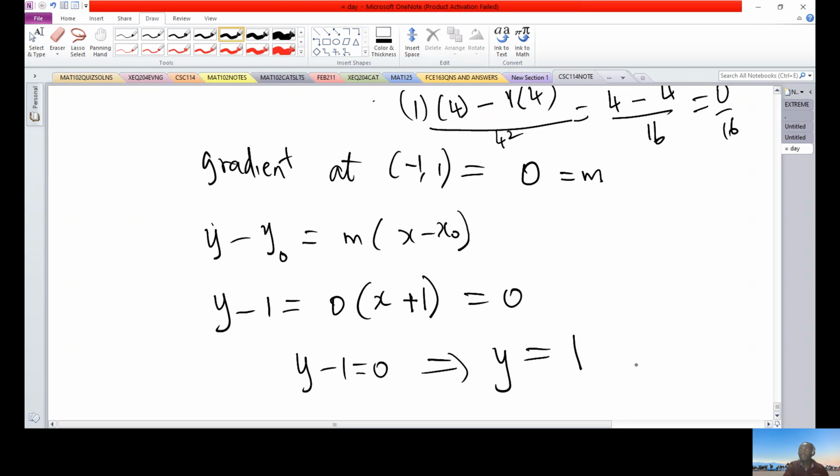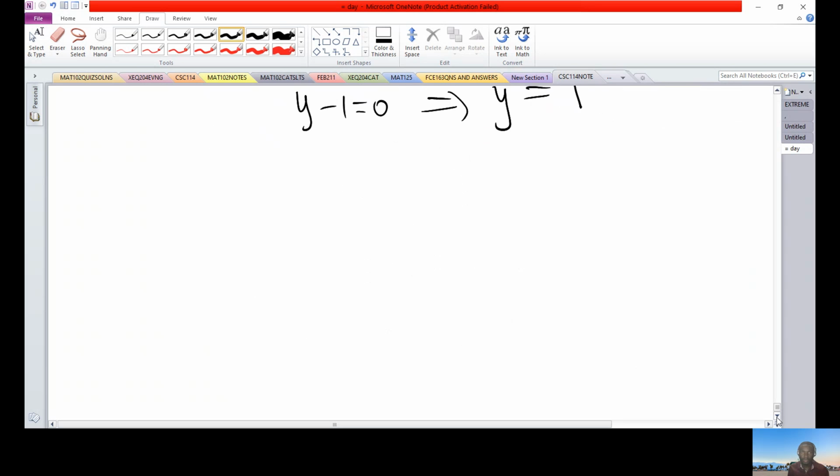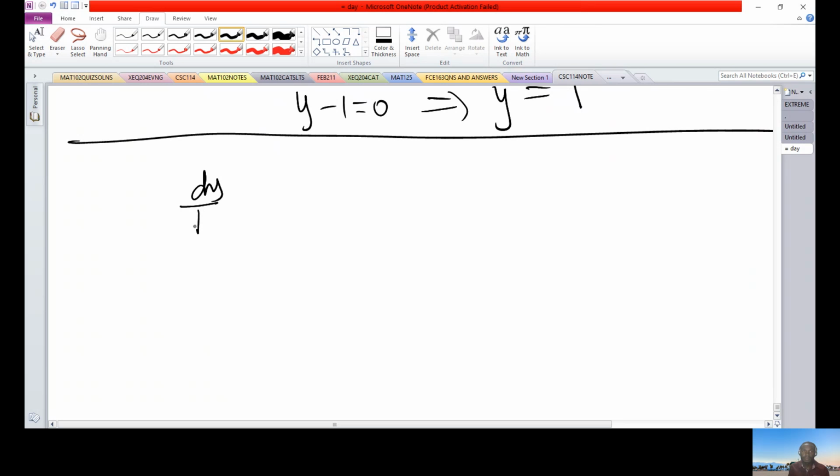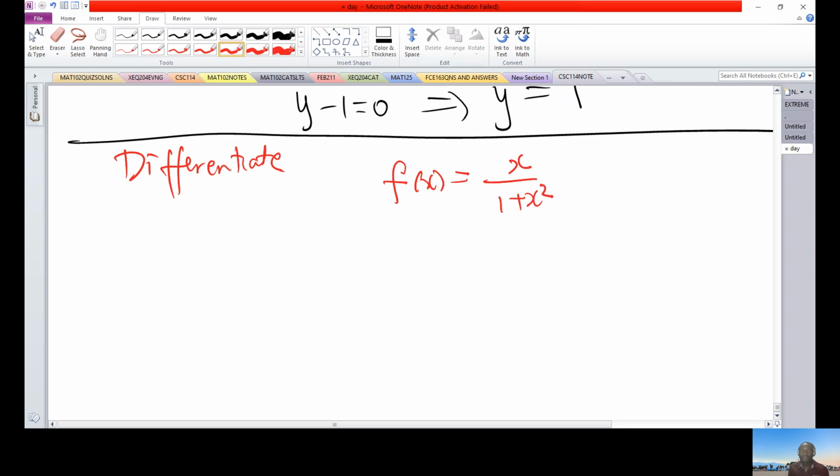And then another problem on application of the quotient rule. Differentiate f of x equals x over 1 plus x squared.